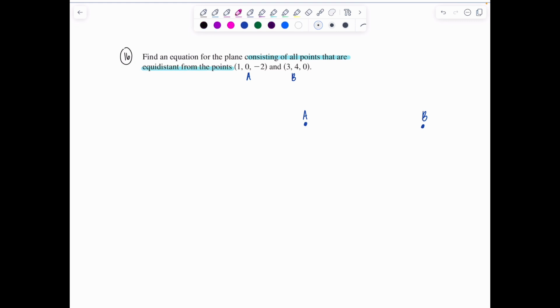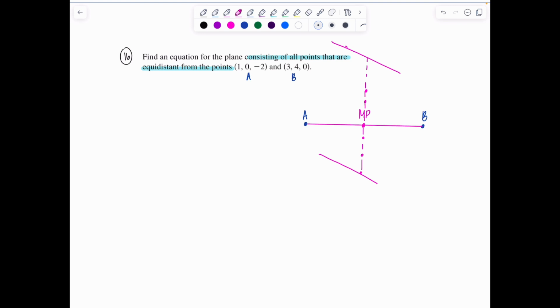Well, let's think about what's going on here. Connect these 2 points. The midpoint is obviously going to be on this plane. It's equidistant from those 2 points. A point over here, a point over here, a point over here, here, here. These are all going to be on the plane because they're equidistant from A and B. And then I can also project this outward, or actually towards us kind of, but it's hard for me to show the perspective, and this becomes a plane.